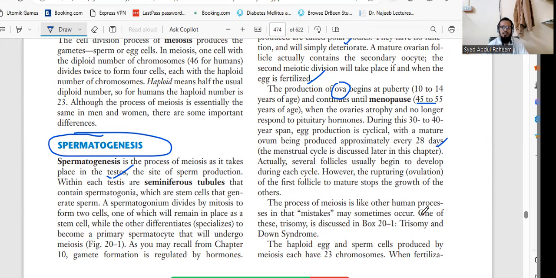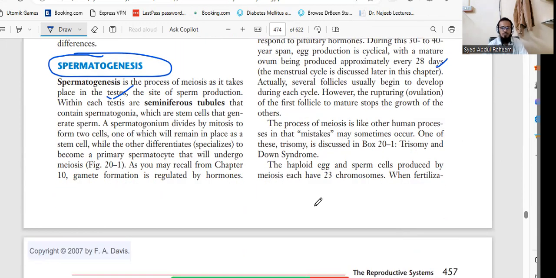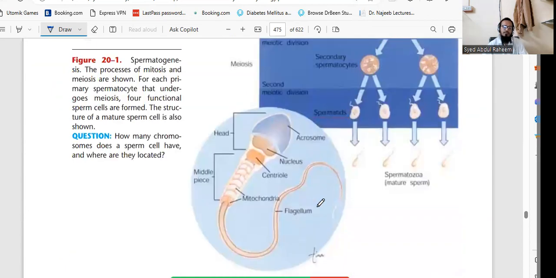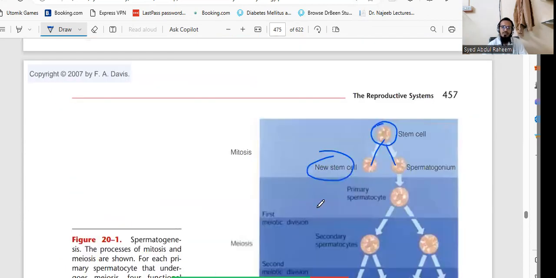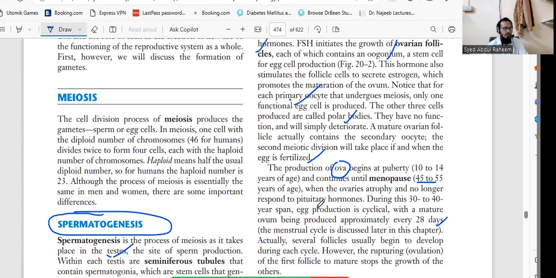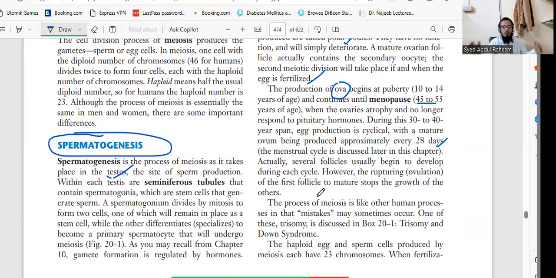The process of meiosis is like any other human process: mistakes may sometimes happen. One of these is trisomy. Trisomy and Down syndrome are things we'll discuss in coming classes. So basically, spermatogenesis is the process in which sperm reach the mature level, and oogenesis is the process in which the egg cell reaches the mature level, the mature ovum. So they will come together and form a new cell.